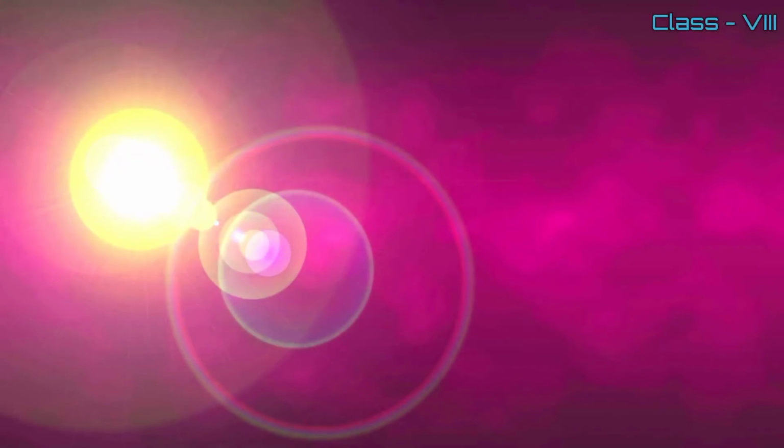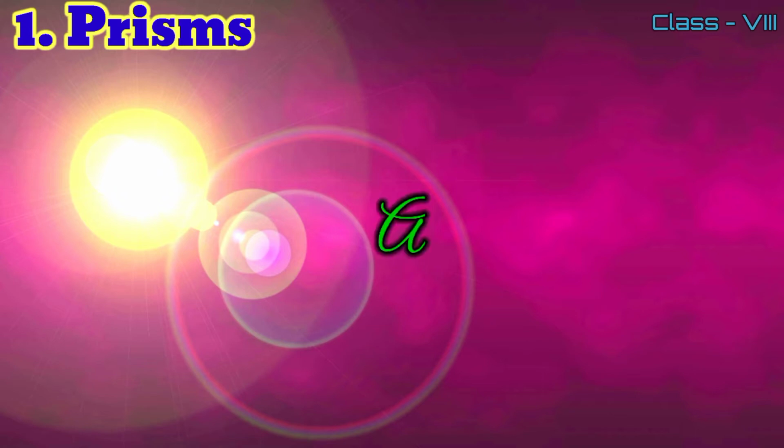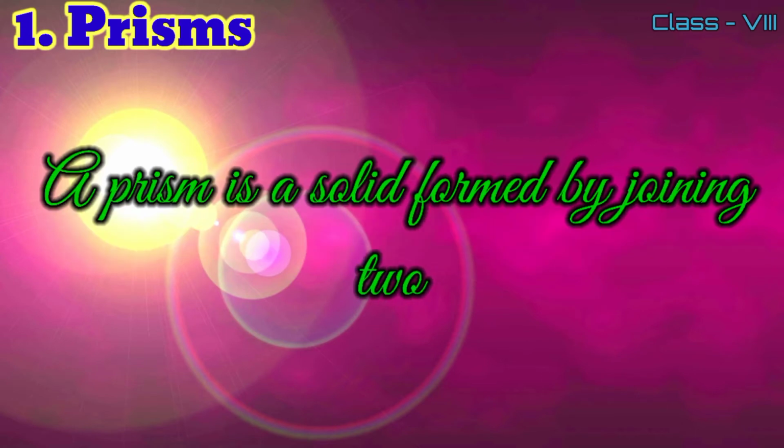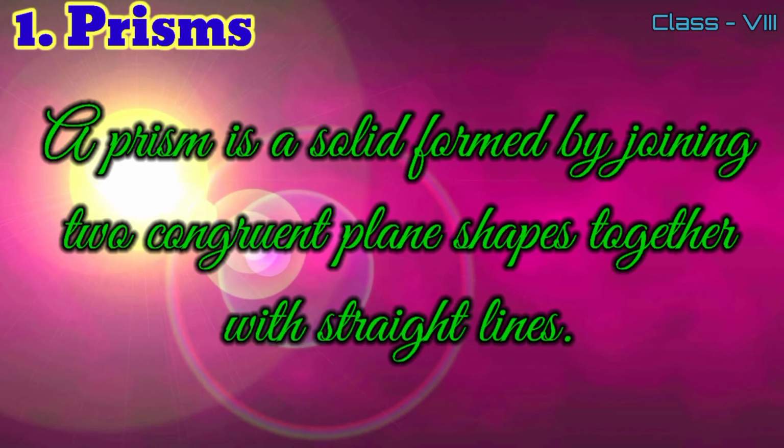Now we will learn about various types of solids. Number 1, prism. So what is the definition of prism? A prism is a solid formed by joining two congruent plane shapes together with straight lines.